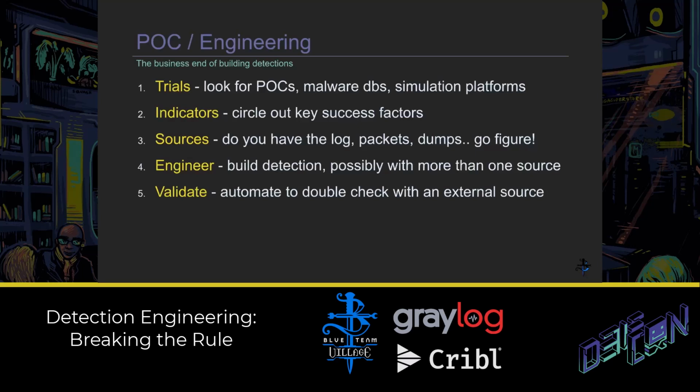So building detections with more than one source and validating attacks is going to help you make sure these are not false positives. And when your detection comes up at the SOC, engineers will be able to take action with a lot of confidence.